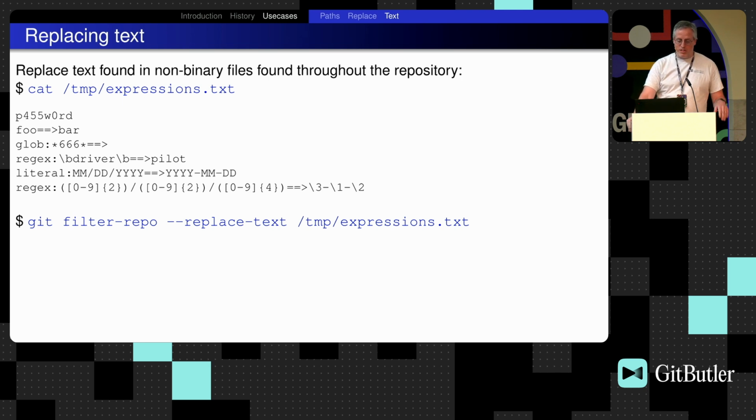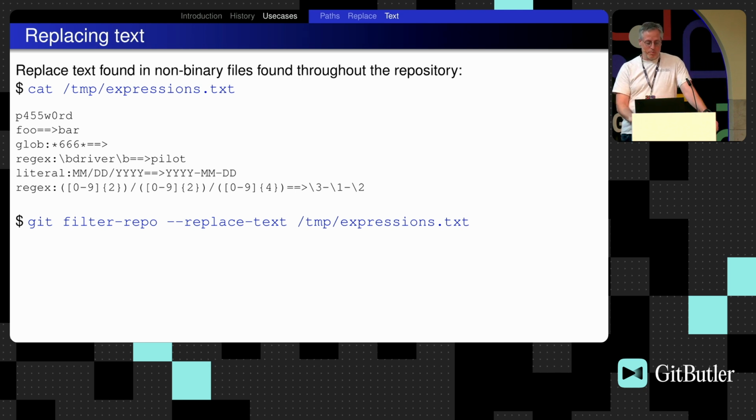Git-filter-repo also allows you to replace text in non-binary files found throughout the repository. It has some language, and this was actually copied from BFG Repo-Cleaner. Very similar thing. So you can say, hey, I want to get rid of anywhere that has this password in all my files. And since there was no replacement specified for that on the first line, it just has a default replacement of asterisk-surround-replaced.